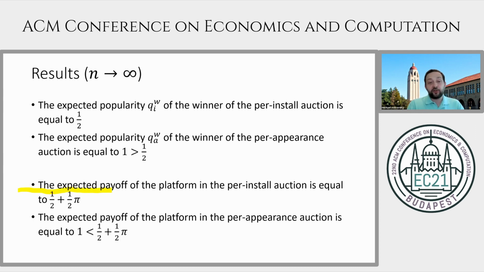And when you look at the expected payoffs of the platform, they diverge even more. The expected payoff is higher under the per install auction than under the per appearance auction. So there's a divergence between, if we want a more popular search engine to be winning, per appearance auctions will be better. But if you look at the payoff of the platform, it goes the other way around.